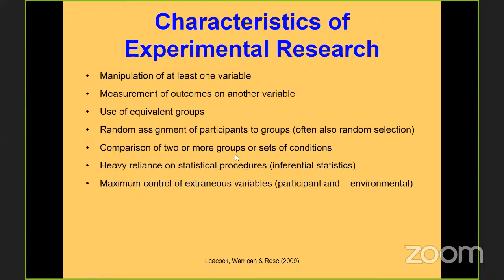Then you compare the two groups. You're going to have some measurement before and after, and then you use inferential statistics to figure out if the hypothesis is true or not. And if possible, you control for as many important extraneous variables as possible.